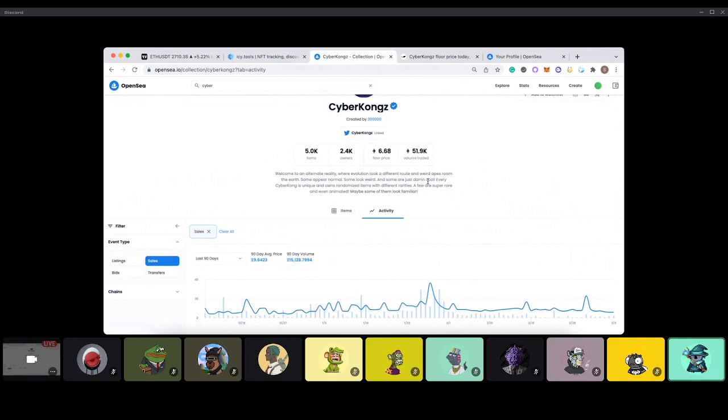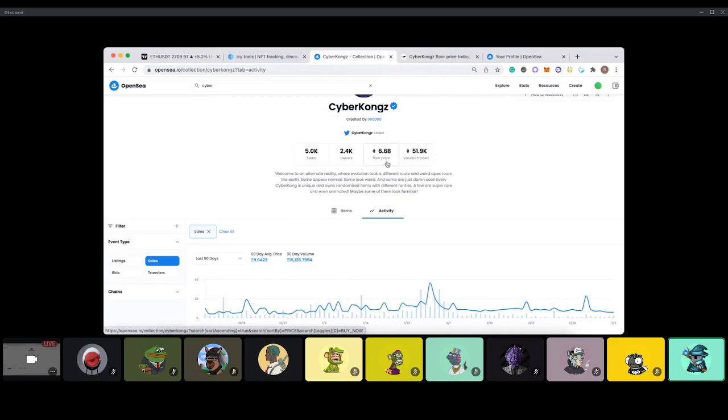Yes, we still need to look at the roadmap, if they have anything coming up, how's the community, the team. But just basing our decision on the chart and the floor price, you can easily buy at 5 ETH here and sell back by the next bull run at 15 ETH.